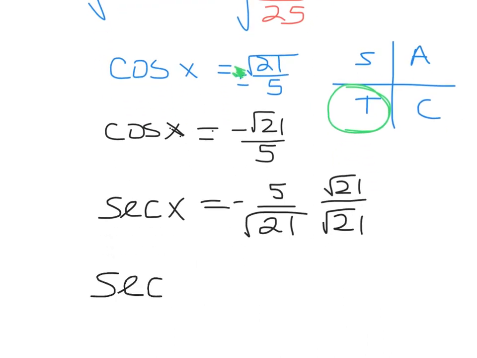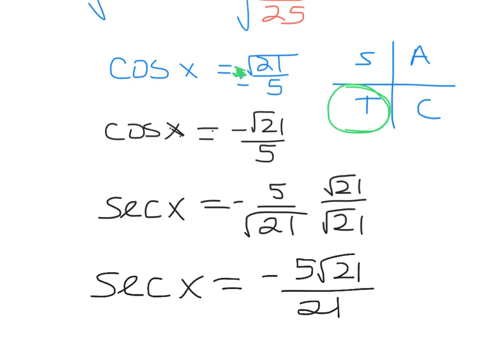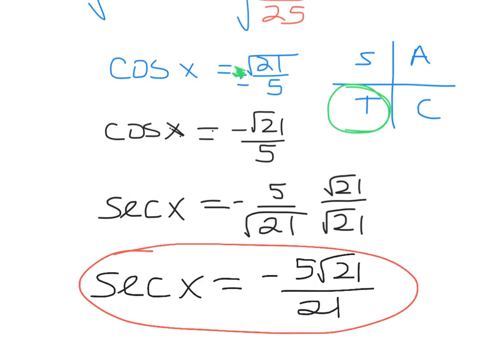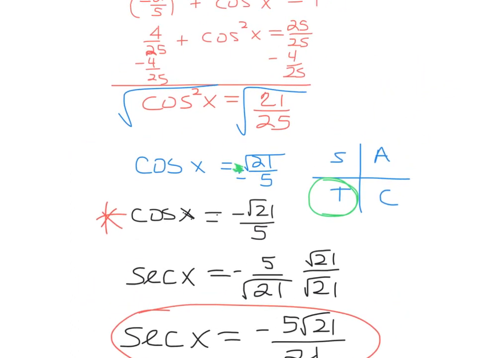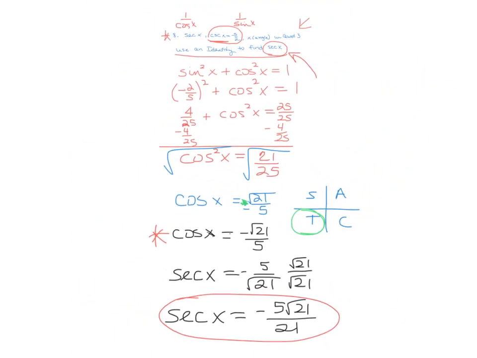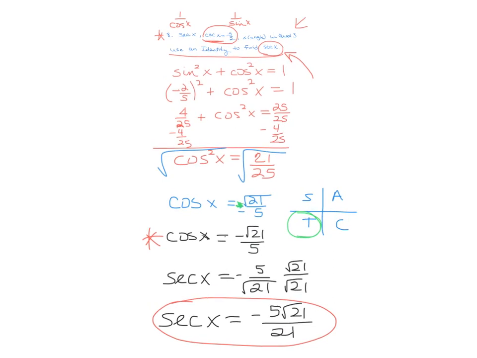So the final answer here is negative 5 square root 21 over 21. Now, in the homework, they're going to say to find all 6. Notice we found cosine and we found secant. And then they gave us cosecant at the beginning and we flipped that for the sine. So now you just have to find tangent and cotangent if this were a homework problem.